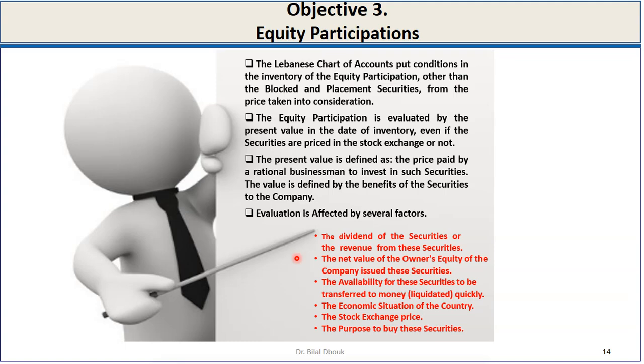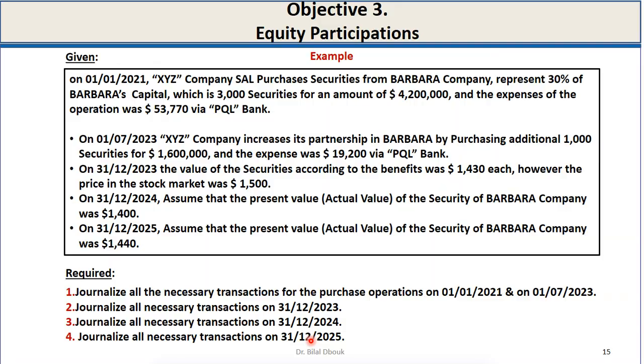The availability of these securities to be transferred into money quickly, liquidation availability, also the economic situation of the country the company operates in, the stock exchange price, and the purpose to buy these securities. So many factors play a role in evaluating the purchase price of equity participations.